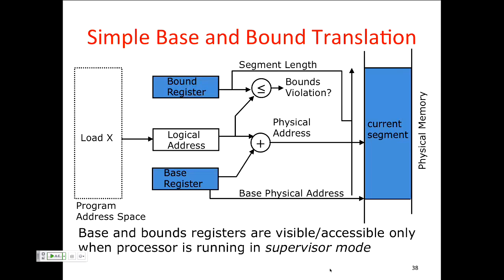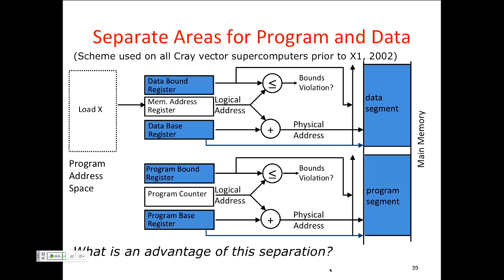So this is a first approach, and this has actually been implemented in some real systems. In fact, a lot of the Cray vector supercomputers used to implement a scheme very similar to this, the same except that it has 2 base and bound registers, one for the data and one for the program. Can anyone see why that would be a good idea?